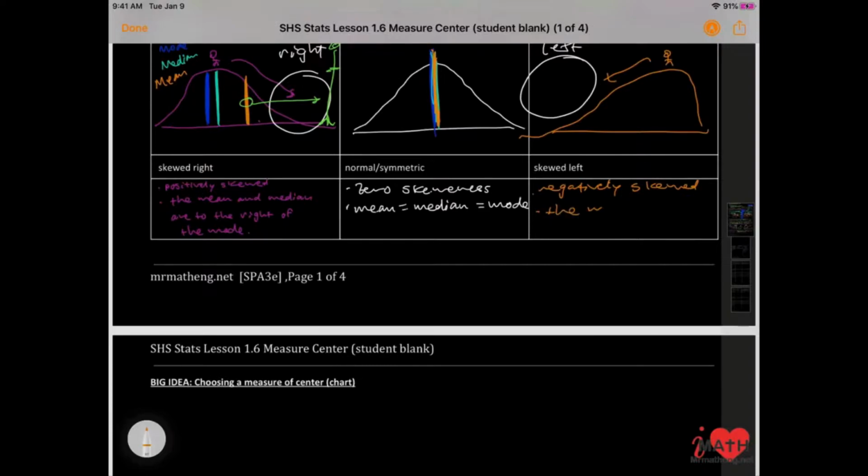The mean and median are to the left. See that? Left of the mode.